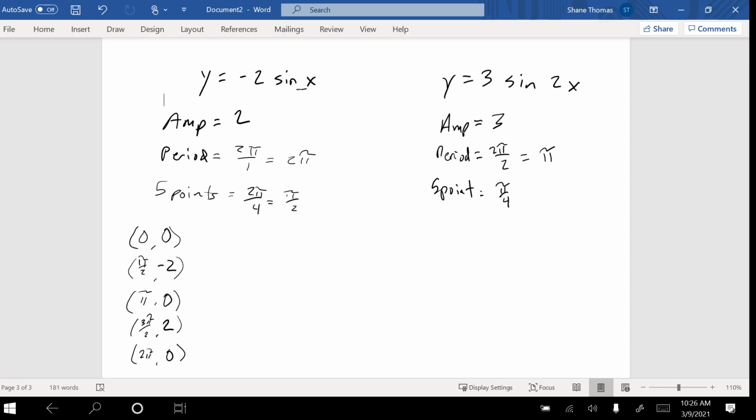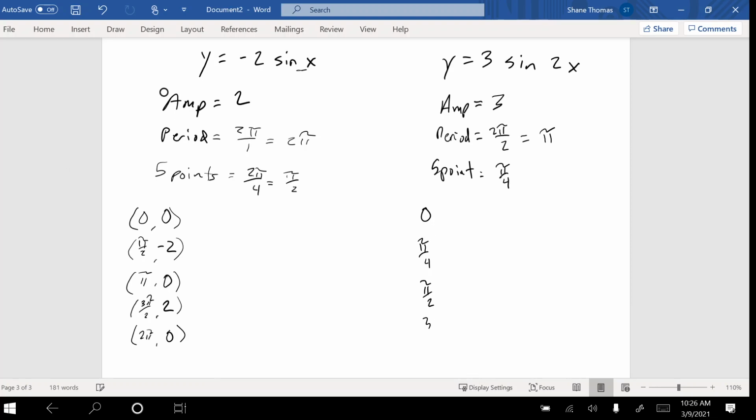So my 5 points, I'm going to have 0, pi over 4, pi over 2, 3 pi over 4, and pi. It would be 2 pi over 4, which is 1/2. 2 quarters is 1/2.